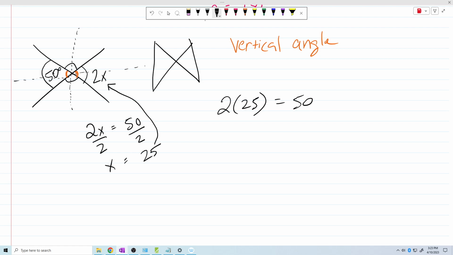And when you work that out, you get the 50, and you'll notice that 50 equals 50. It's a statement of truth. That doesn't change. So when you see problems like that, don't be intimidated. Just know the basic idea behind a vertical angle, and you'll be set.